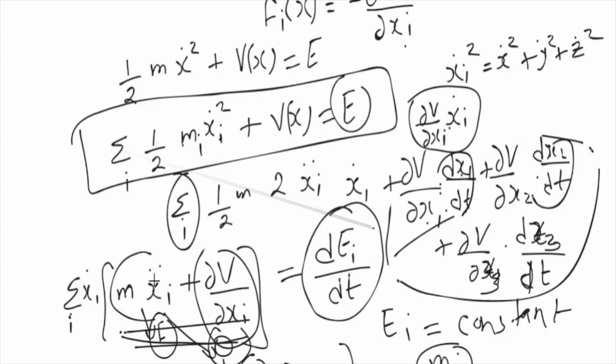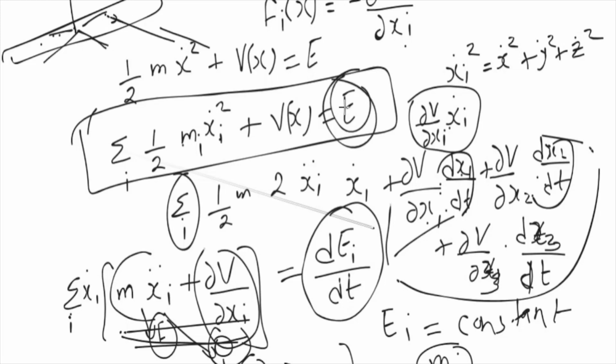Exactly like that we will do it, and we will get that the energy is conserved. It means total energy will be conserved. For many particles, suppose a bunch of particles, this rod is made up of many particles moving in any dimension, but the total energy will be conserved.